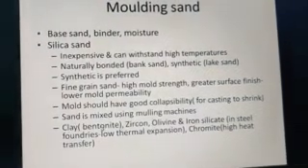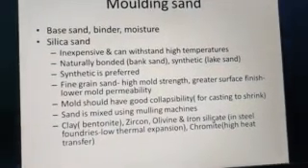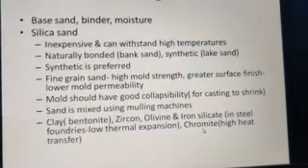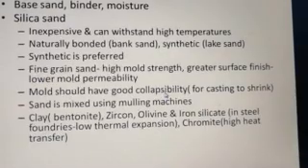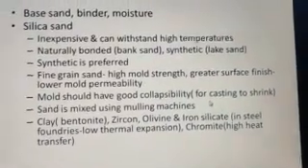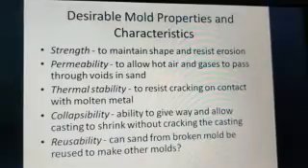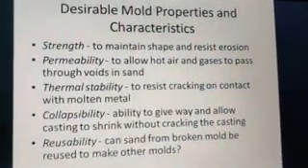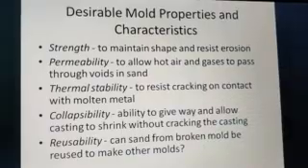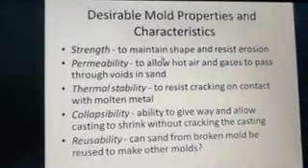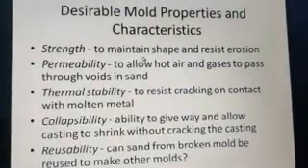The clay, being bentonite, zircon, olivine and iron silicate, is used to ensure that the mold has good strength and sufficient permeability. So in order to make a good sand mold, we need to have these characteristic properties for the molding sand.